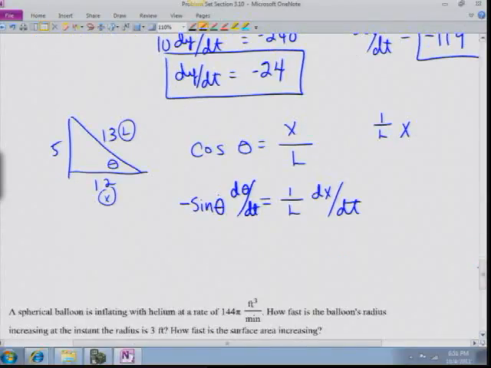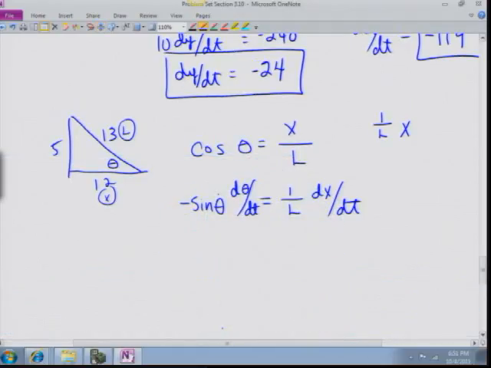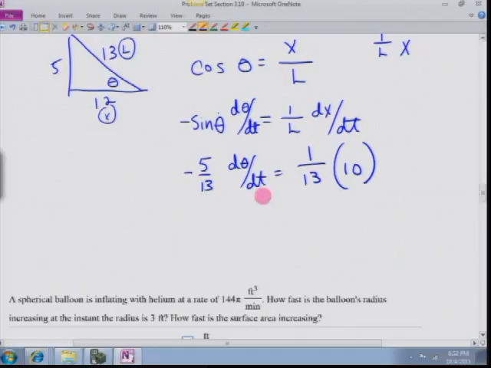All right. So, do we know the value of the ladder? And do we know dx/dt? Okay. What is the sine of this theta? 5 over 13. So I've got negative 5/13 d theta/dt equals 1 over 13 times dx/dt, which was 10. So if I'm solving for d theta/dt, what do I do with this guy? Multiply by reciprocal.